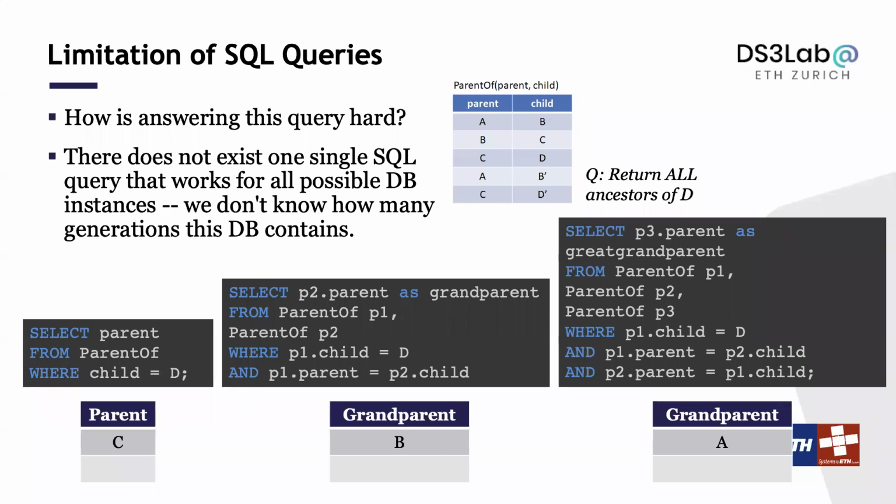If you are using some other programming languages like C++ or Java, you can simply write a for loop, and then you can keep checking whether I have another level in my family tree. If I have that, then I continue to do it. Otherwise, I return all the results. In all the SQL queries that we have learned so far, you do not have that type of functionality.